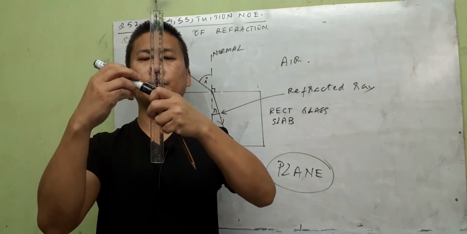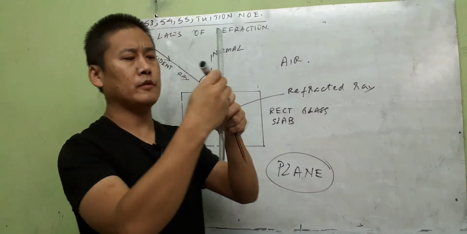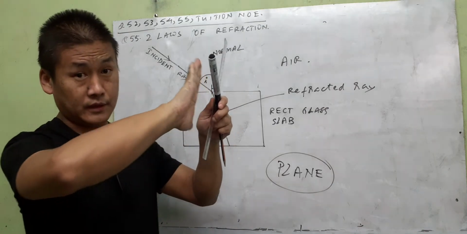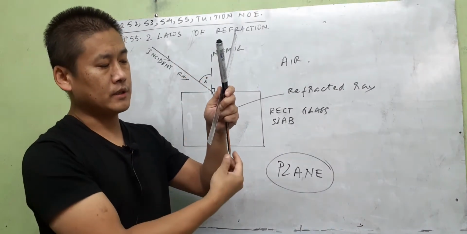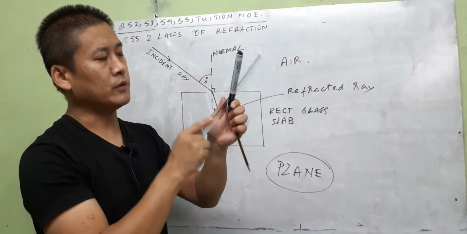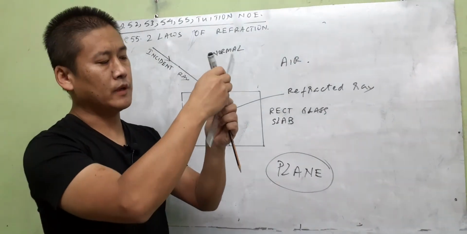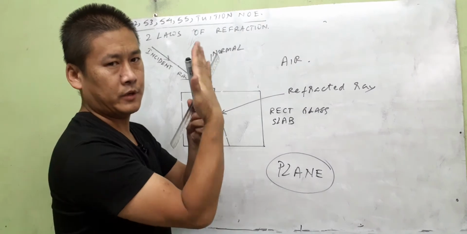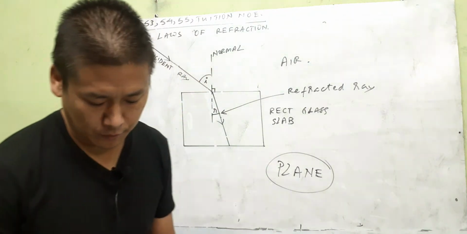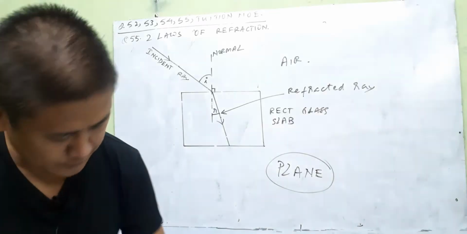Then all these three lines will be on the same flat surface. Means if you look from the side, the first one will cover the other two, and we will not see the other two lines. What it means is that the refracted ray will not come out of the flat surface, and the normal will not be out of the flat surface either, but all of them will be on the same flat sheet of paper. Means plane is a flat sheet of paper. Okay, so that is the first law. The second law is like this.